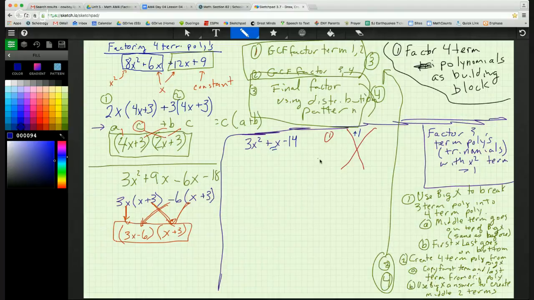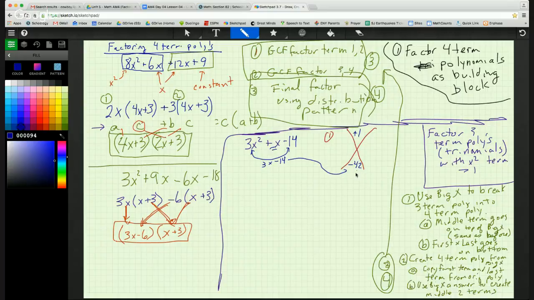But instead, on the bottom, we are going to put the first term times the last term. So that's 3 times -14, and we're going to put that here, -42.